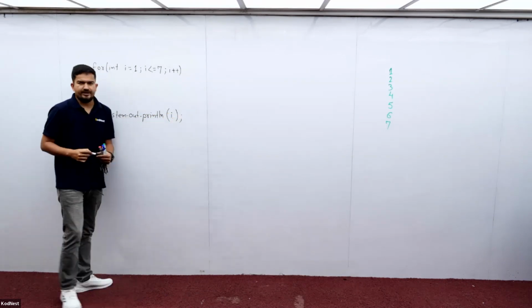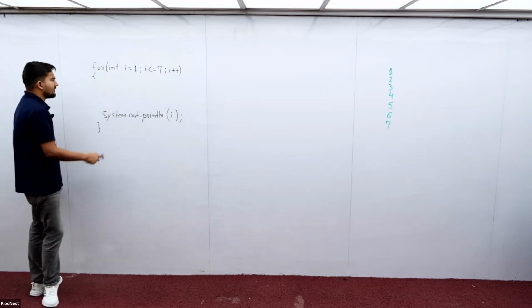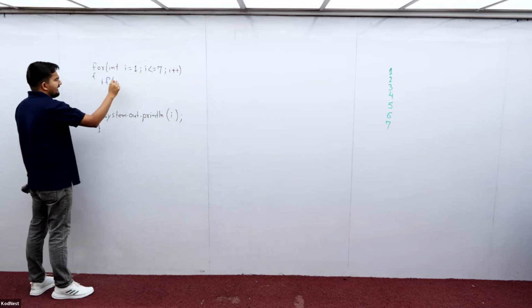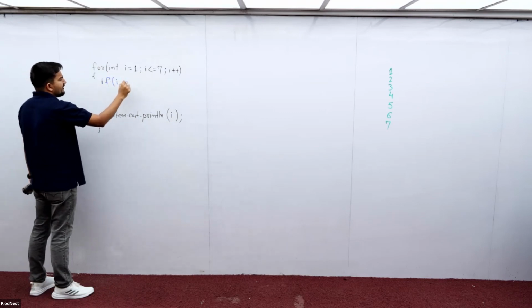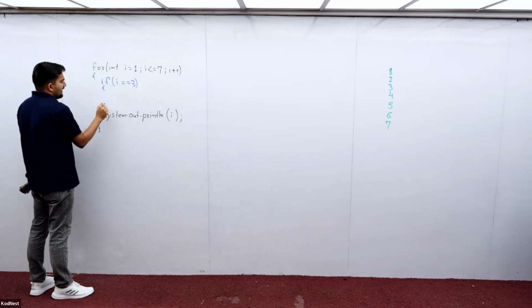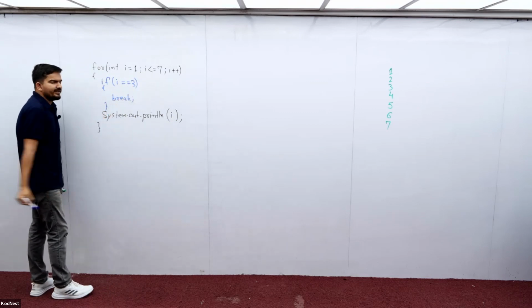But I am going to say something like this: if the value of i happens to be equal to 3, what I want to do is break the loop.